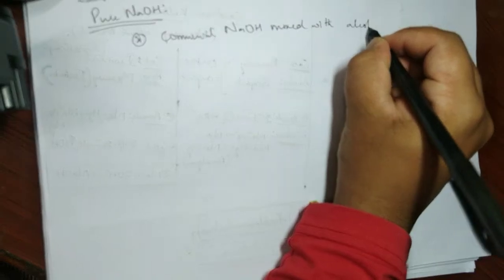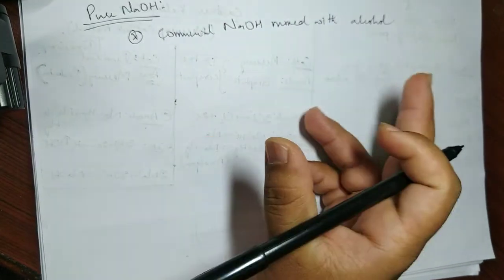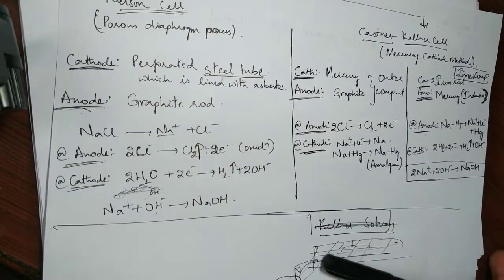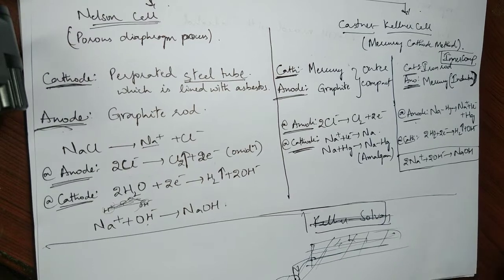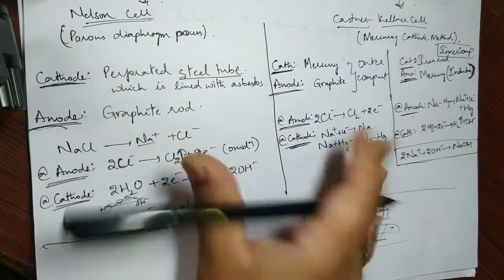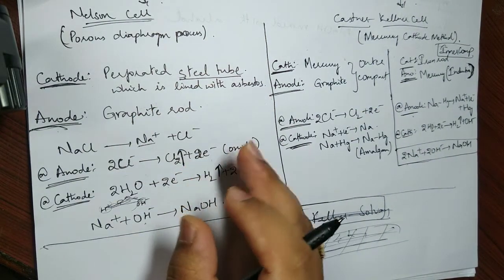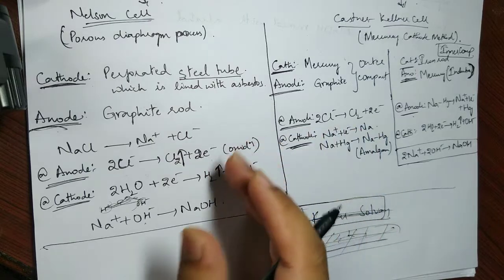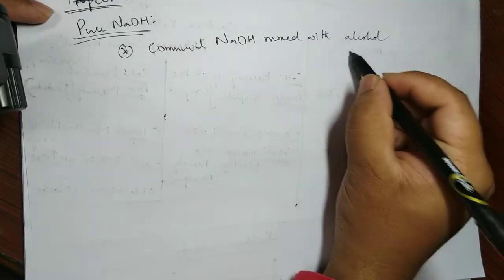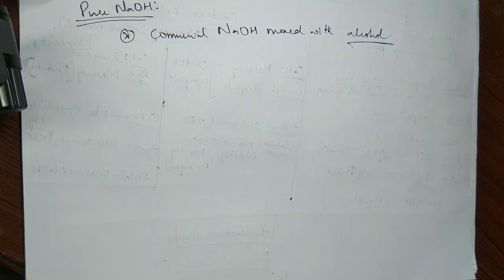alcohol. Normally there are other salts and impurities, as already told; it is not always 100% pure, somewhere around 40 to 60% only we get, either by these two processes or the previous process. If I use that commercial NaOH and treat it with alcohol, the impurities such as sodium chloride, sodium sulfate, potassium chloride, calcium carbonate do not dissolve.